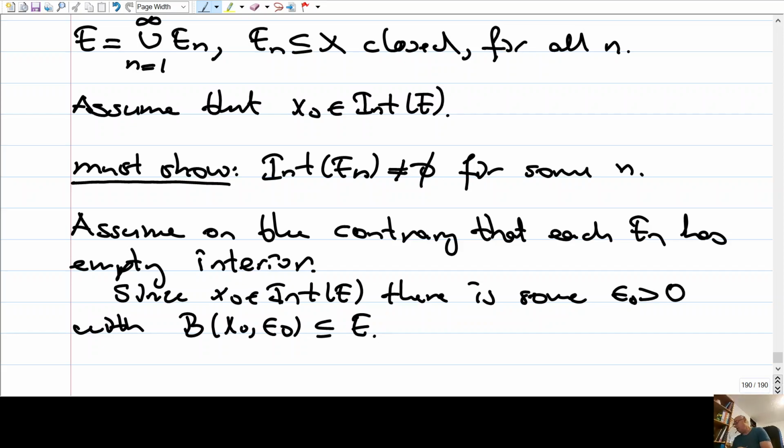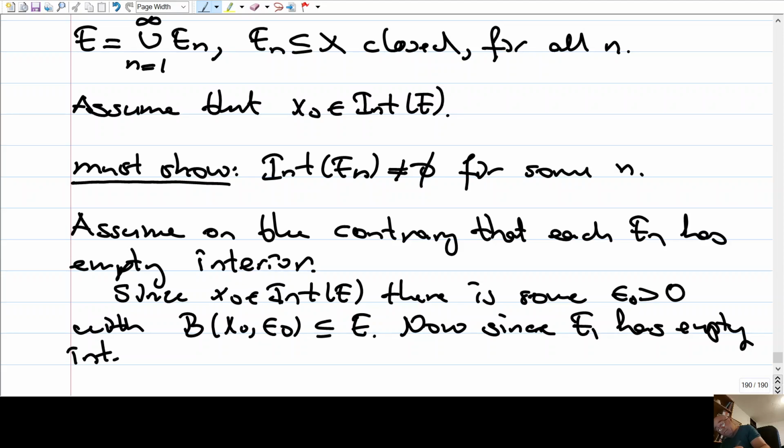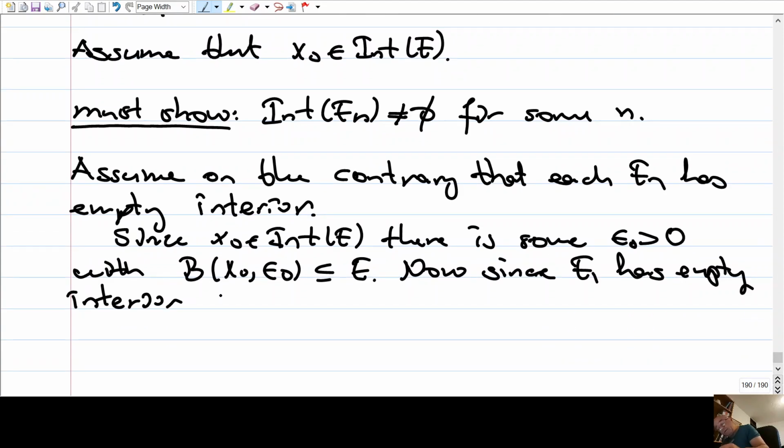But E1 has empty interior. Since E1 has empty interior, this ball cannot lie inside E1, because if it were, then X0 would be an interior point of E1, but we assume that all the En have empty interior, right?